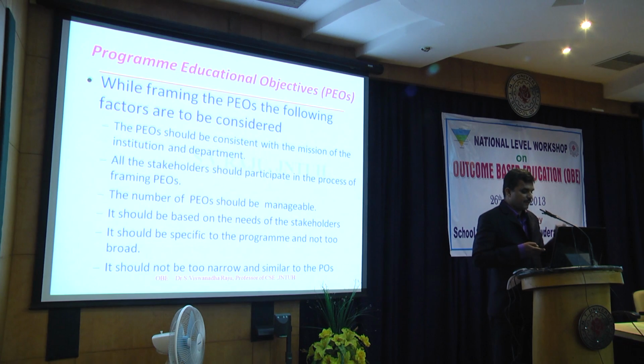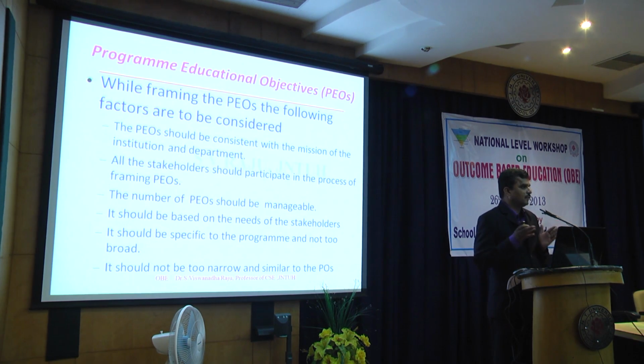Next, the number of POs should be manageable. Most people might have some doubt: should I take 4 POs, or 5, or 6, or 7, or 8? There is no limitation, no restriction. But for easy understanding, we need to take a minimum of 4, and up to 9 could also be acceptable.